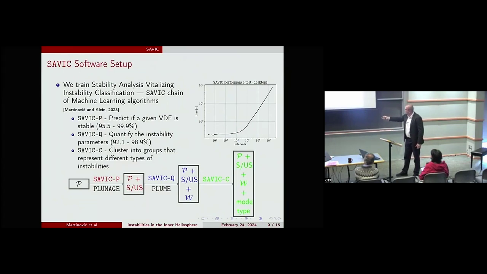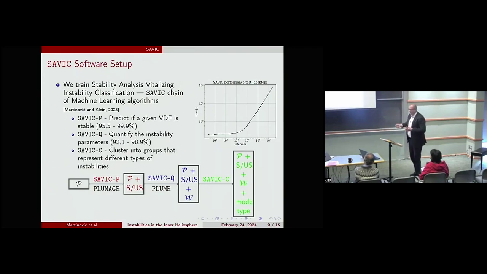Then it estimates your eigenfunctions, but then there is an extra step, which is it actually goes into the plasma physics book for you, meaning it clusters your eigenfunctions and your growth rates and wave characteristics into physically meaningful clusters, each of which represents a given plasma instability. And aside from the fact that it can do this instead of you, it's actually insanely fast.